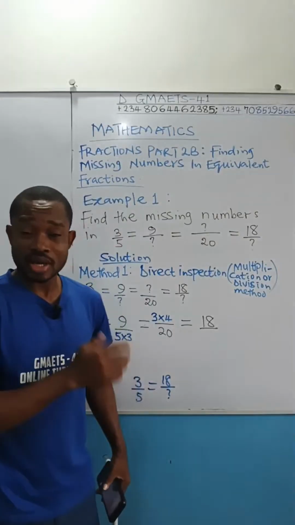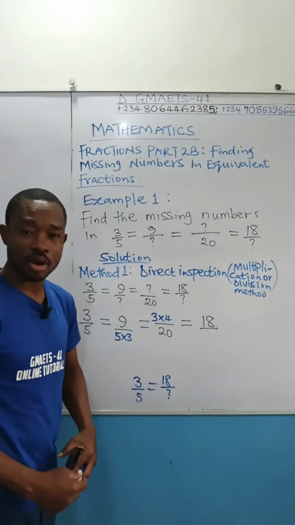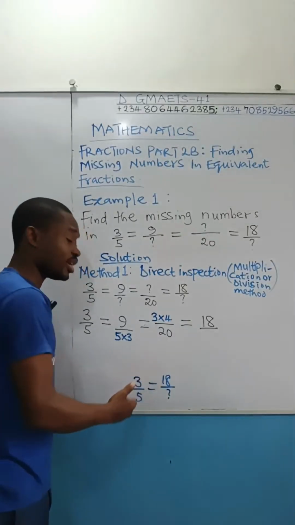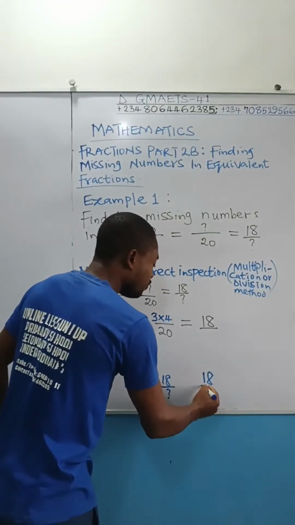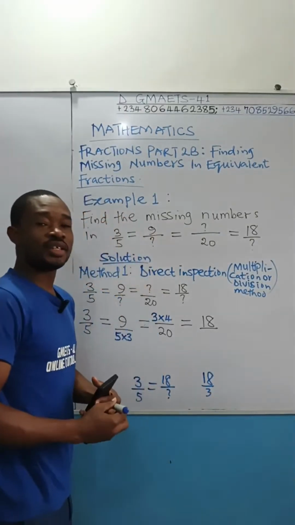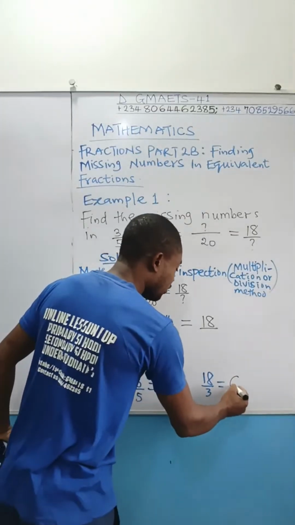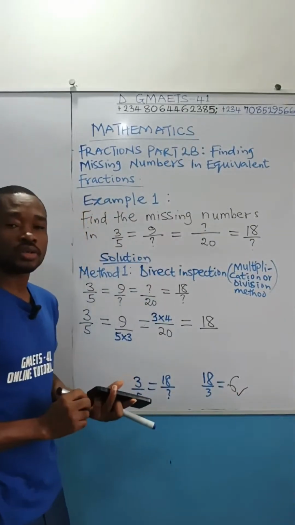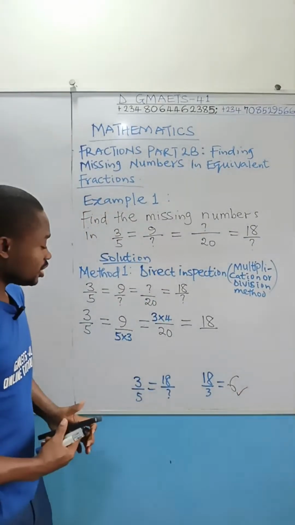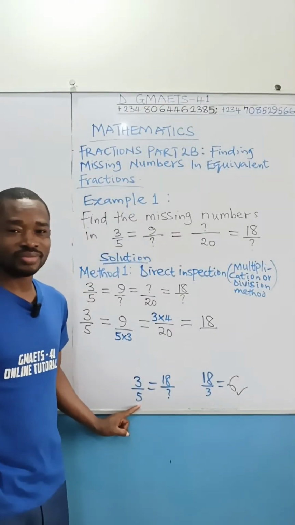That is the numerator, as you can see. Ask yourself which one is the greater number. 18 is greater than 3. Therefore, ask yourself, if you divide 18 by 3, 18 divided by 3 will give you what? 18 divided by 3 will give you 6. Therefore, this 6 becomes important to us. It means that to get this missing number, we are going to multiply this denominator 5 by 6.